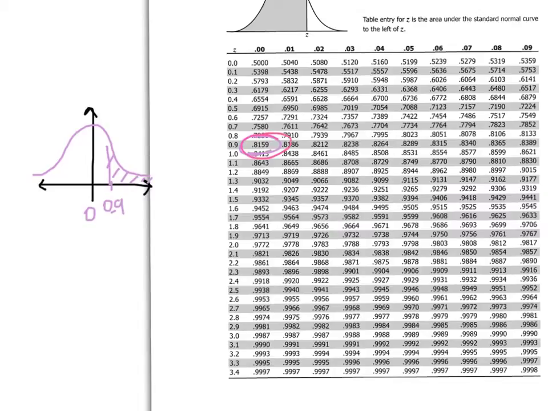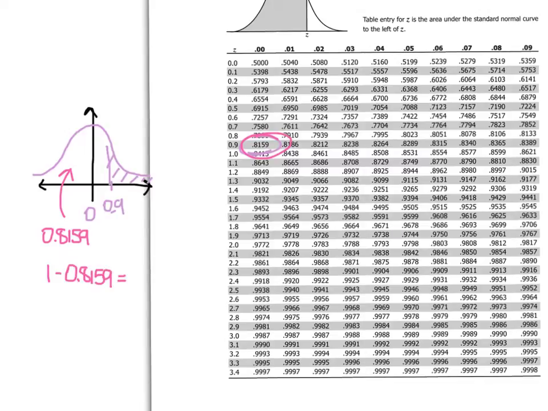What that means, though, really, is that this represents this area here. That's 81.59% of the area. And so that's not what we want. We don't want this area. We want this area. But we know that the area of the whole thing is equal to 1. So we want to remove everything except this part, and we know this part. So it's 1 minus 0.8159. So the math becomes pretty simple.